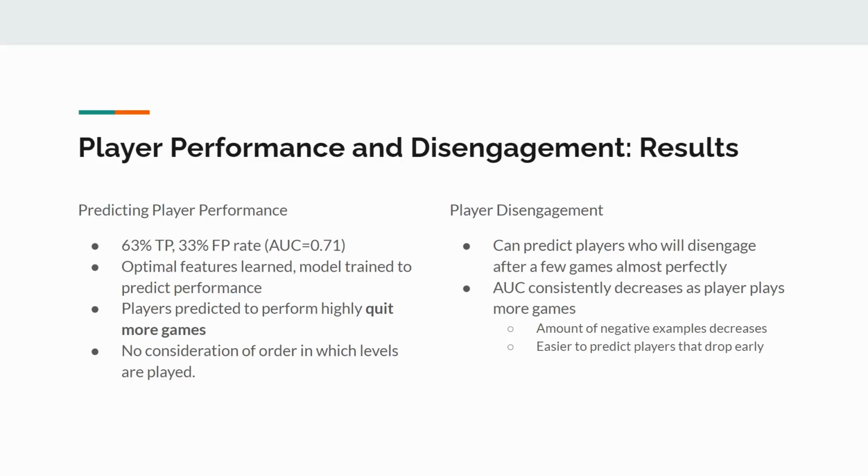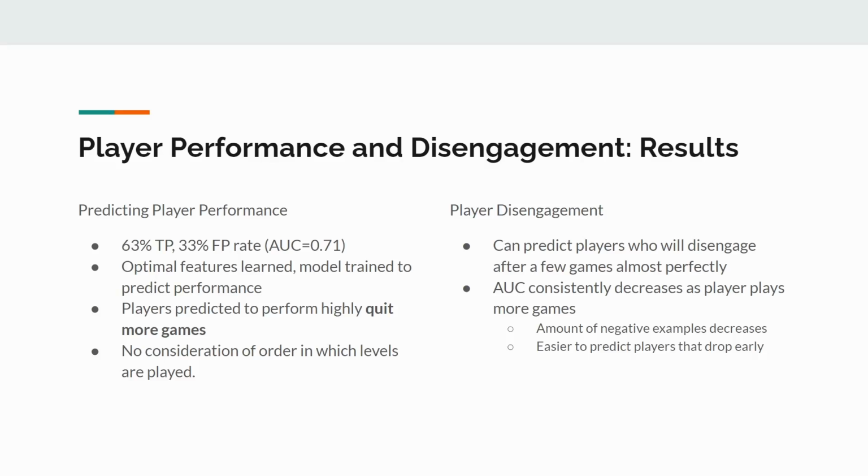For player disengagement, the model, the deep neural network, is able to predict which players will disengage after a certain amount of games. And it can predict who will disengage after very few games almost perfectly. As mentioned in the previous slide, after one game the model is almost 100% accurate in determining which players are going to disengage.